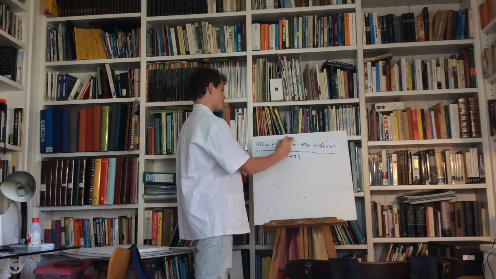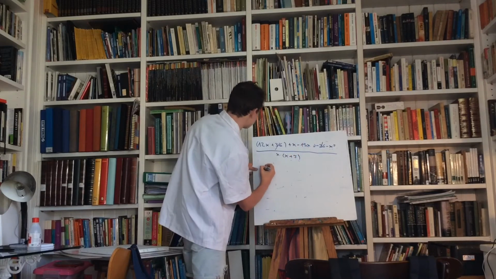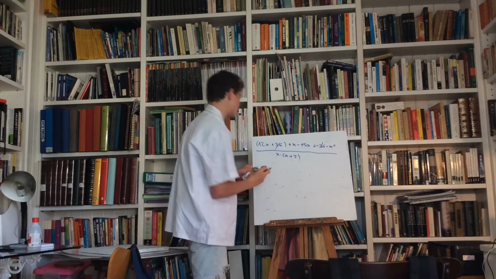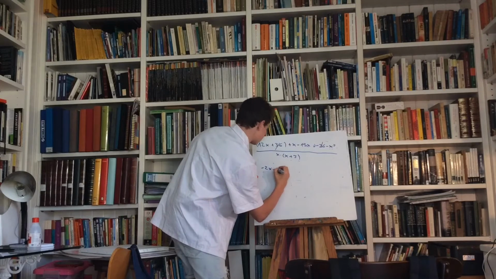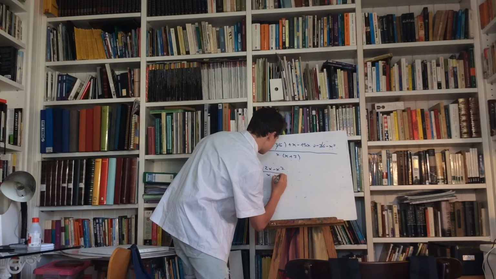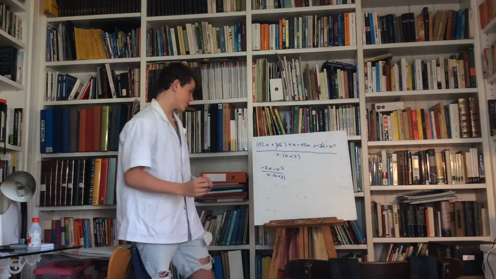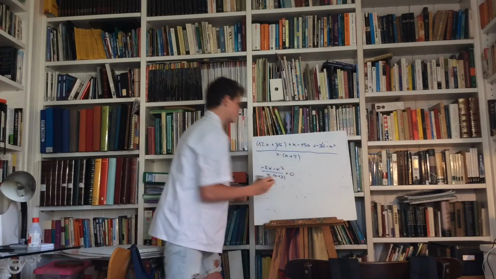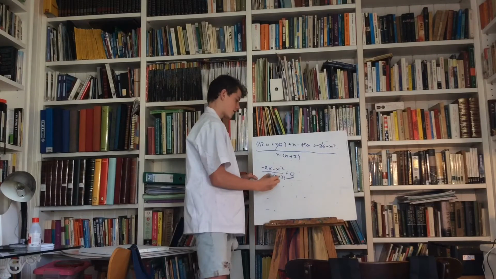We have 12 and 13, that is minus 3 plus 1, minus 2x, and we have minus x squared divided by x times x plus 3, and that is equal to 0, and then we bring this up here, and that will equal 0.